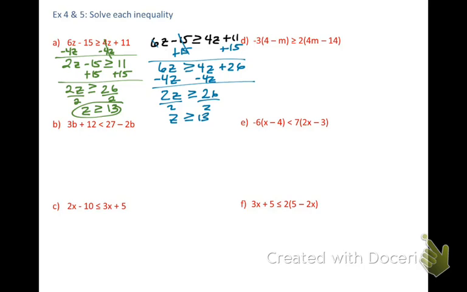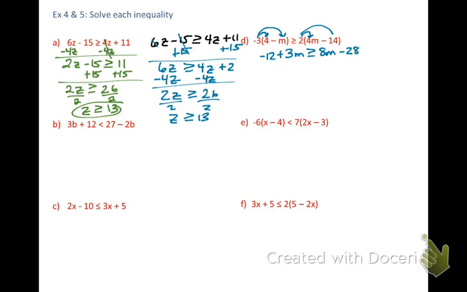Okay, D. We're going to distribute. This one has a couple distributing. So I'm going to distribute the negative 3 to both numbers inside. So it's going to be negative 12. And then a negative and negative make a positive 3m is greater than or equal to 8m minus 28.